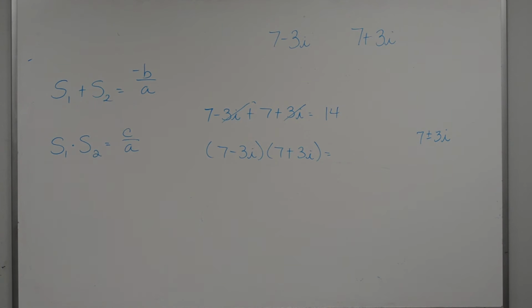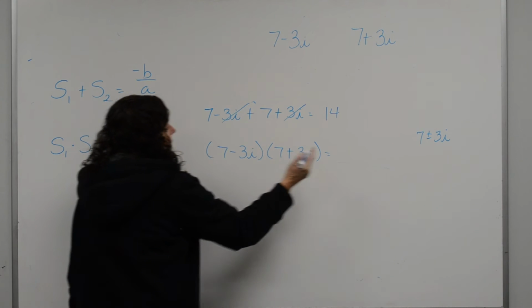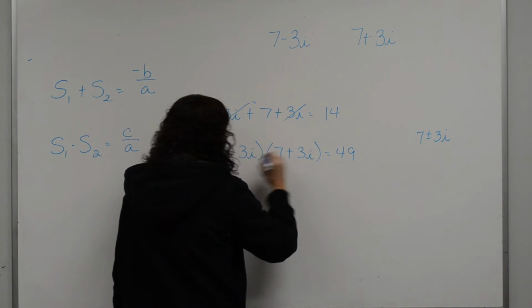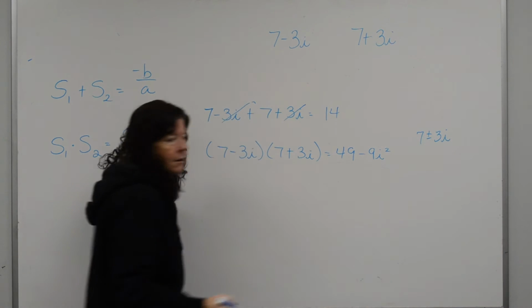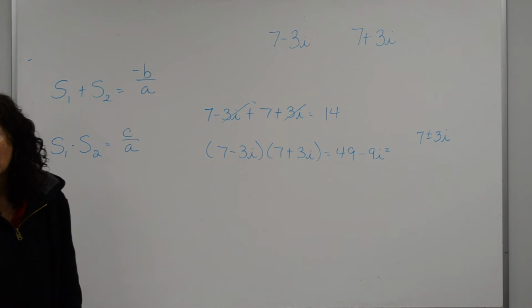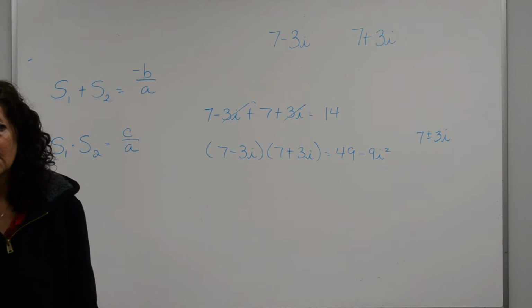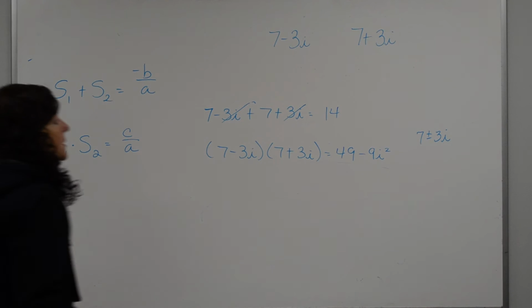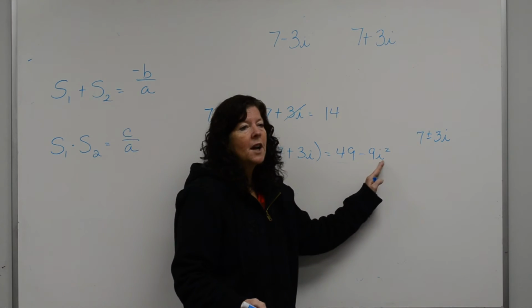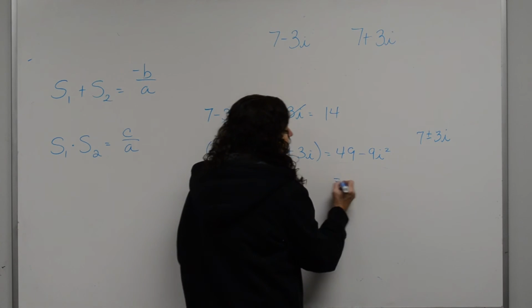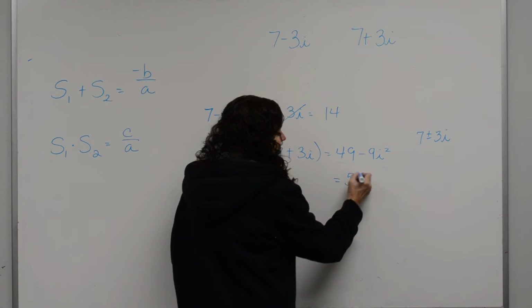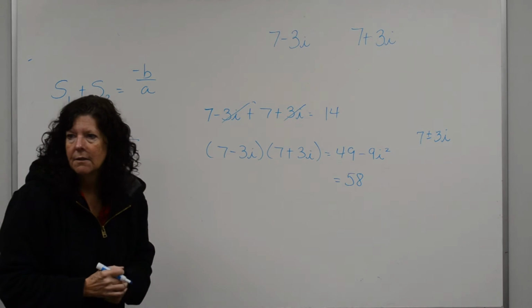If you really want to do FOIL on it, do FOIL, but I promise you the outside and the inside cancel out. First gives me 49. Last gives me -9 i squared. What is i squared equal to? -1. So this is the same as -9 times -1, which is +9. Adding those two things together, I get 58.